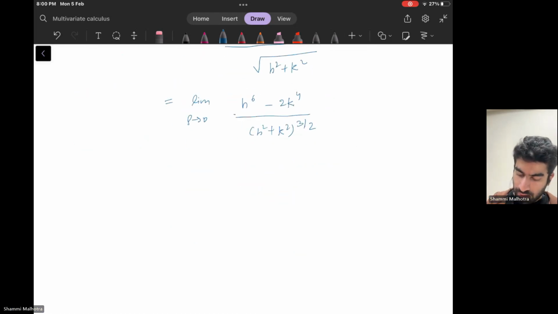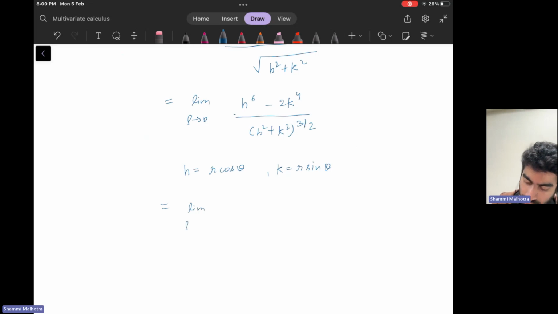So how do we calculate this thing? We can see h to the 6 minus 2k to the 4 over h square plus k square. I can use the polar transformation. Let us use the polar transformation. I think that's the easiest thing when we have h square plus k square type of terms. So I'm taking h to be r cos theta, k to be r sin theta.